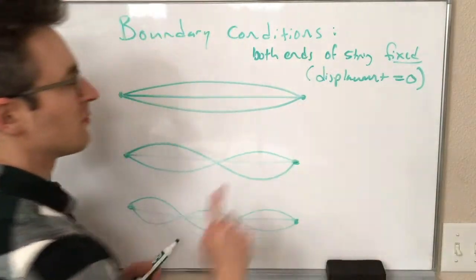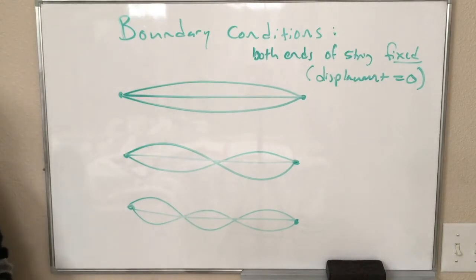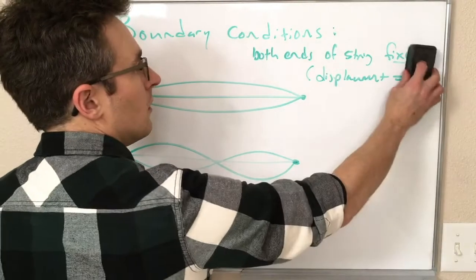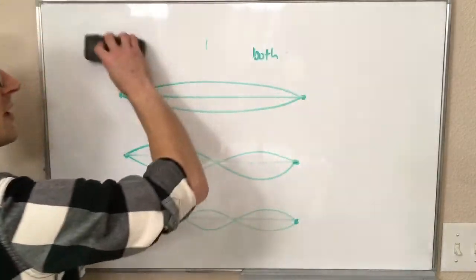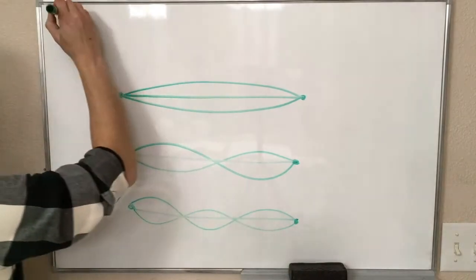So this string being fixed is kind of the equivalent of a solid wall for sound waves. We'll talk more about sound waves specifically later on. For the case of these standing waves, let's look at what's going on in these different cases. This is all for the case of fixed end boundary conditions.